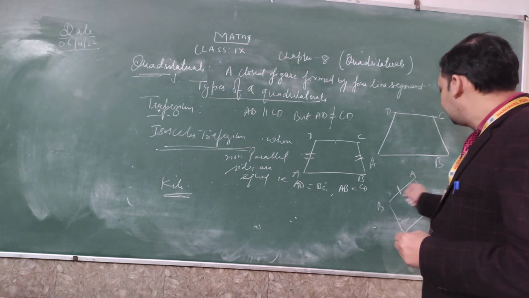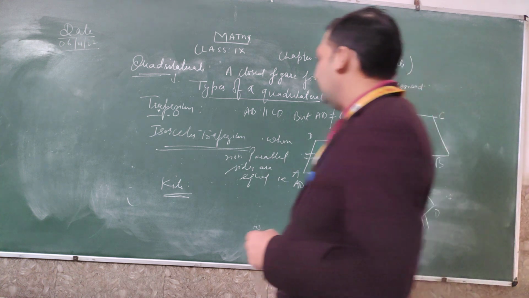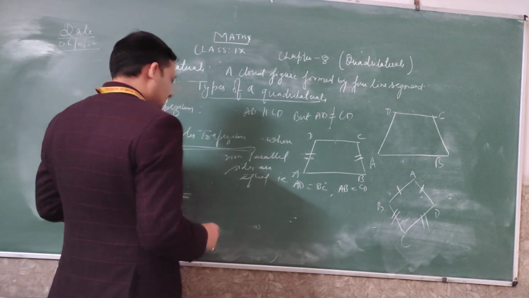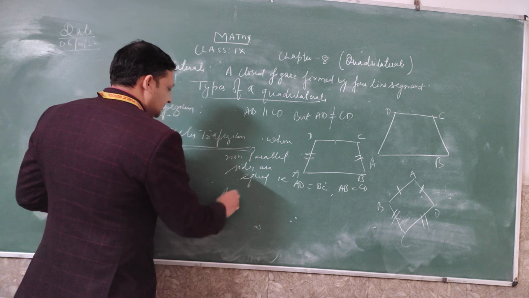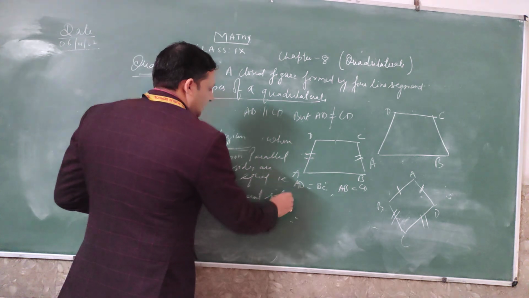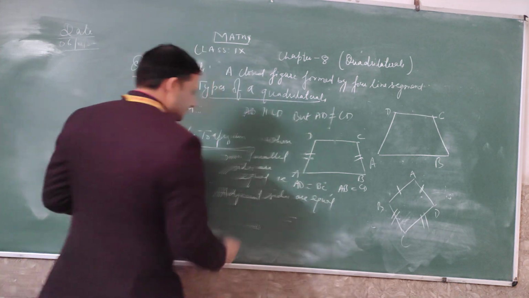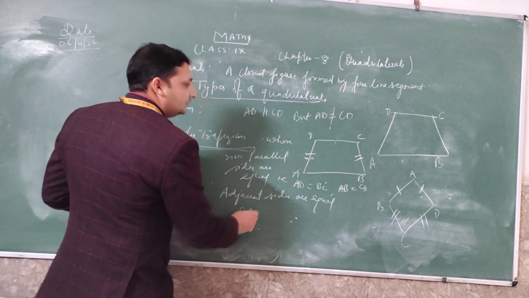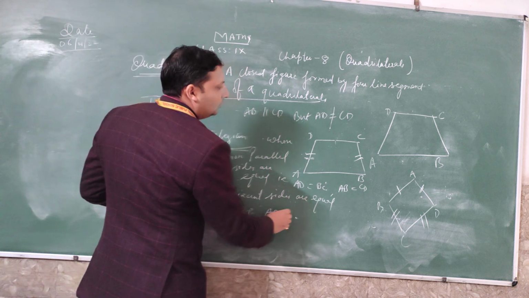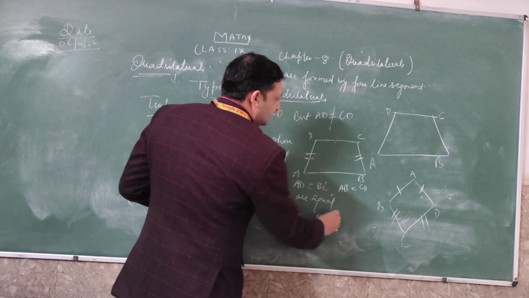Means this side equal to this and this side equal to this. For example, AB equal to AD and BC equal to CD.